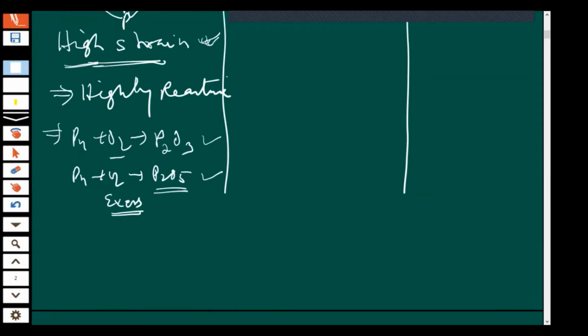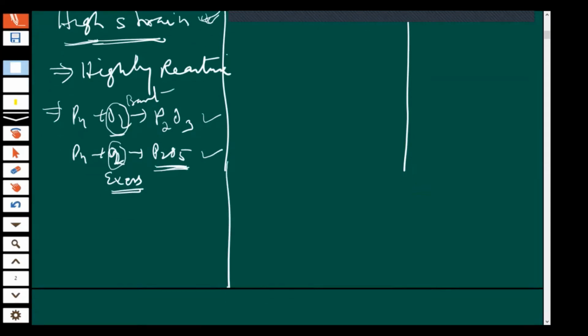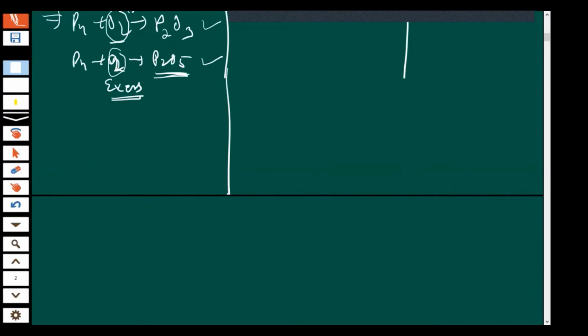Immediately they burn in presence of air. In air, oxygen is less, but if you provide pure oxygen, immediately they will convert into P2O5. Remaining structures I have discussed in previous class, oxides of phosphorus. So highly reactive, and as soon as they come in contact with oxygen, they start burning.